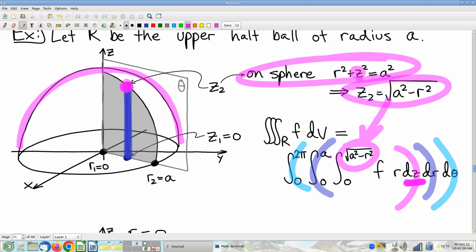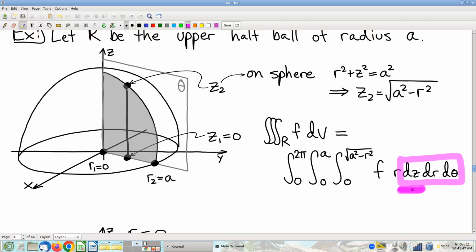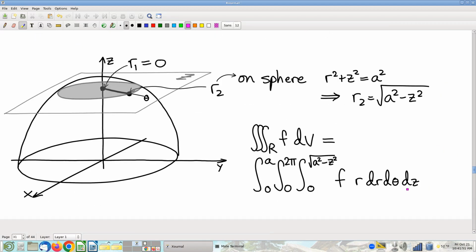Okay. Now I did this first example with the dZ on the inside. Now I'm going to take the exact same example, but I'm going to put the dZ on the outside, just to see how it looks different. Again, it doesn't really matter.